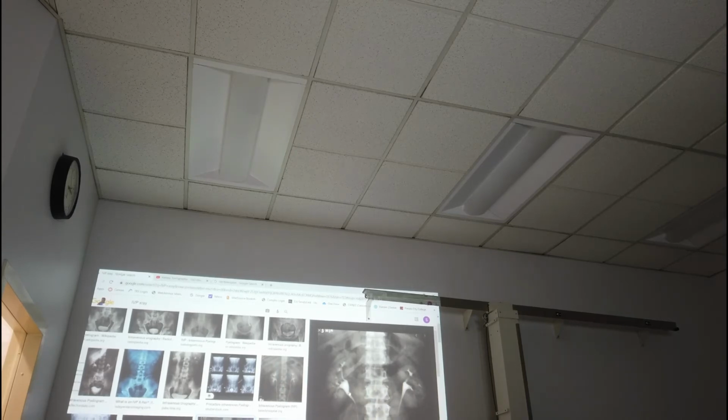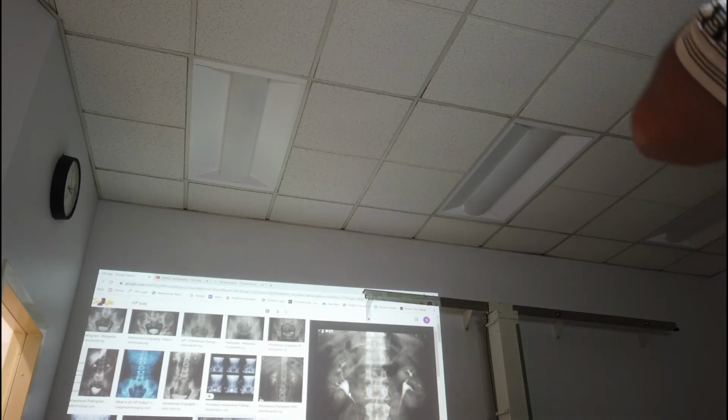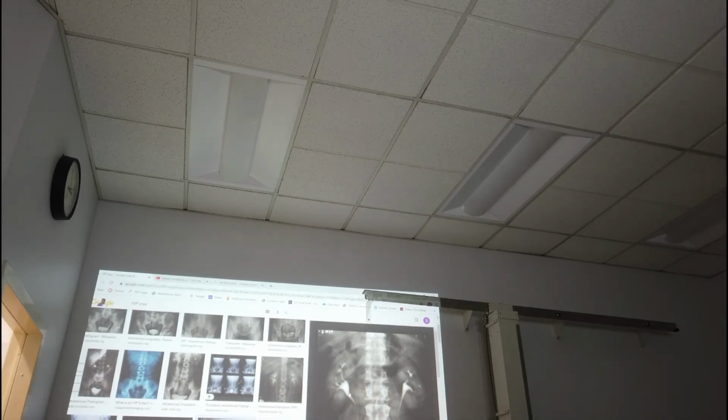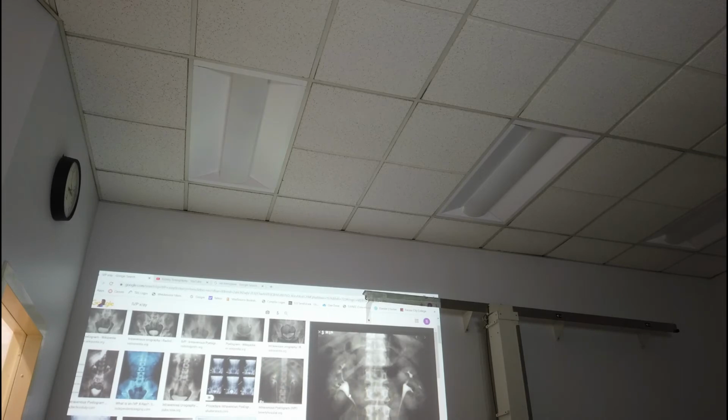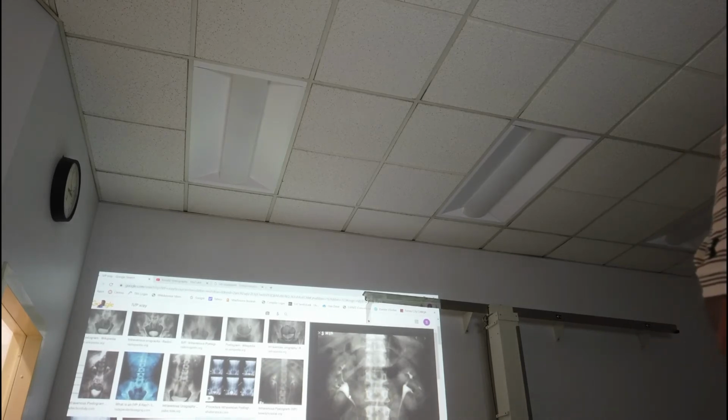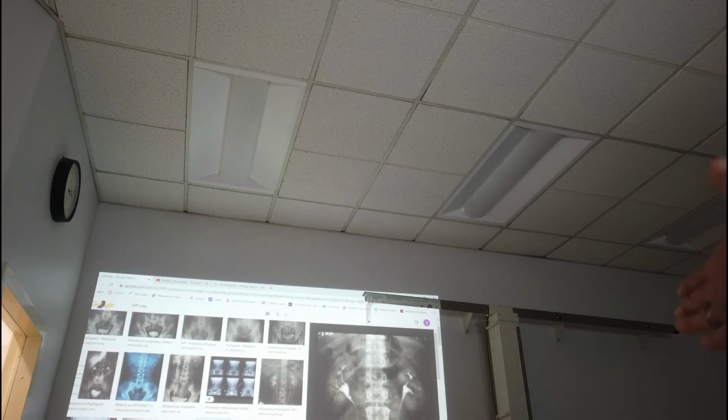So that becomes important when we start talking about the obliques or positioning. Because if you want to see a kidney, our job is to put it parallel to the image receptor, right? That way it doesn't look foreshortened. So if I were to see the left kidney, I would put the patient in the RPO. If I was to see the right kidney, I would put the patient in the LPO.